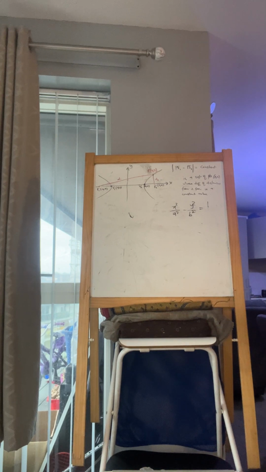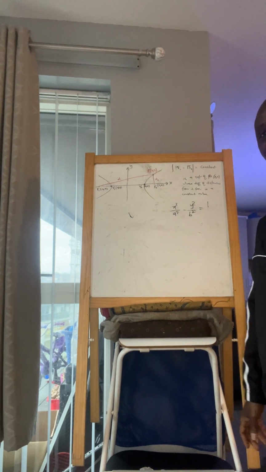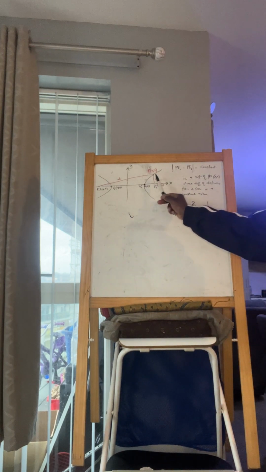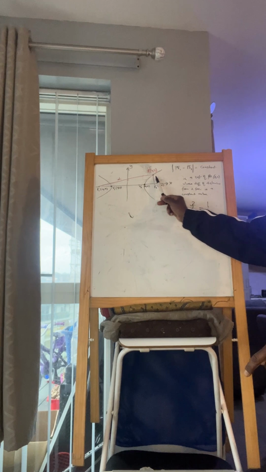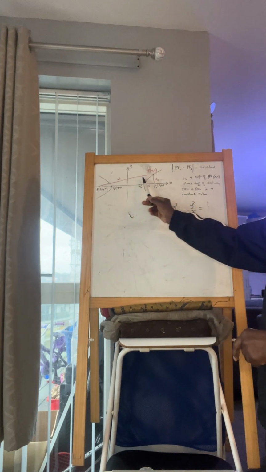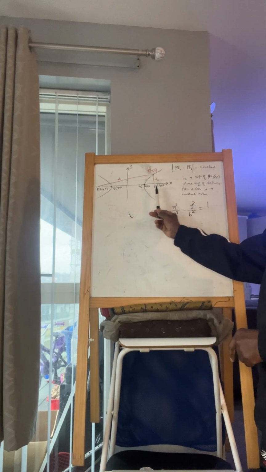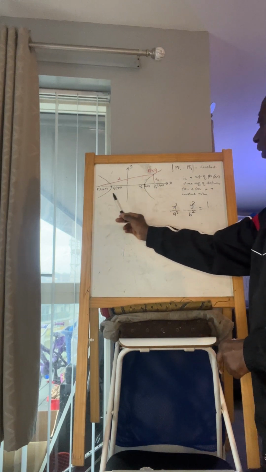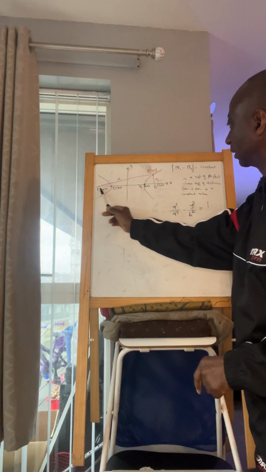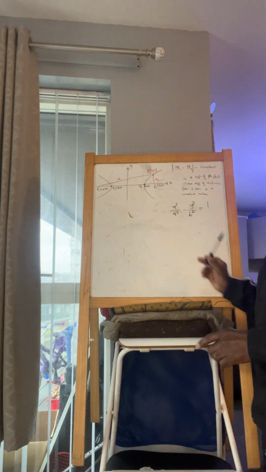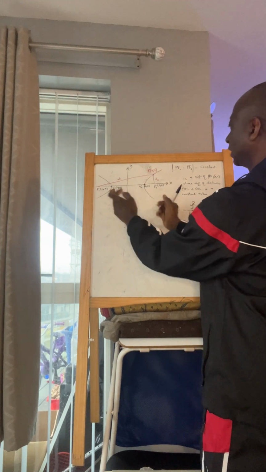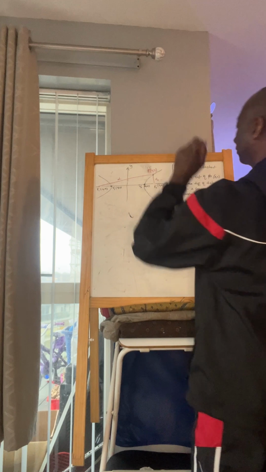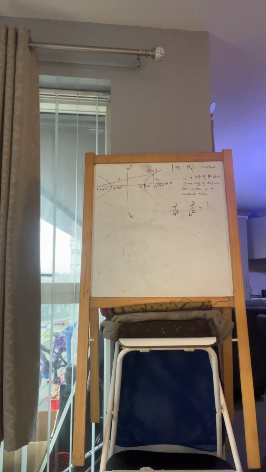We say it's a set of points xy whose difference of distances from two foci, focus 1 and focus 2, is a constant value. This difference of these distances is always a constant value. That's what they are trying to say.